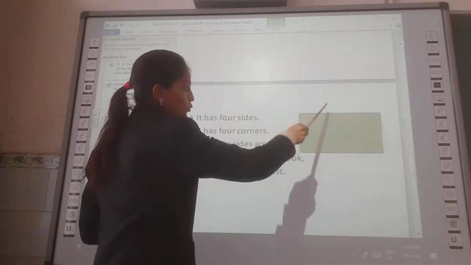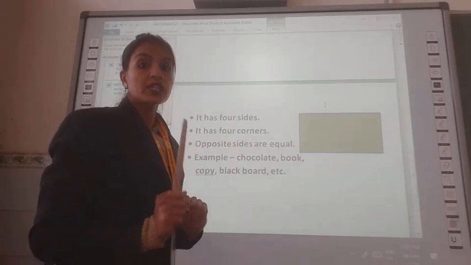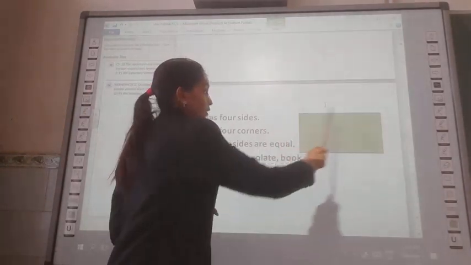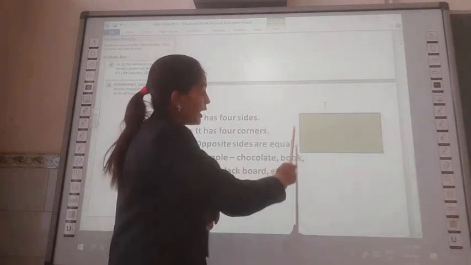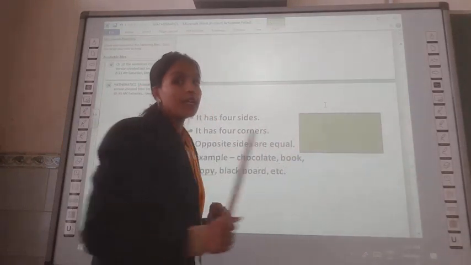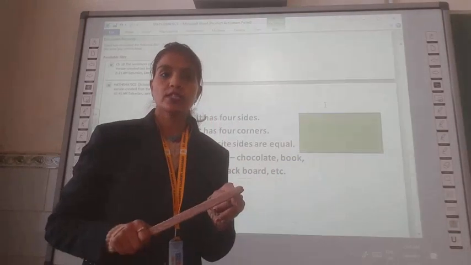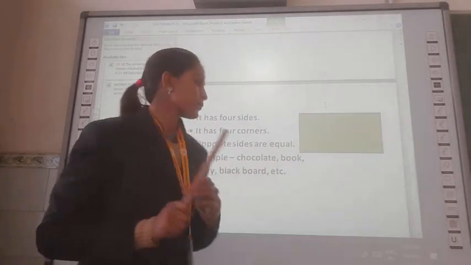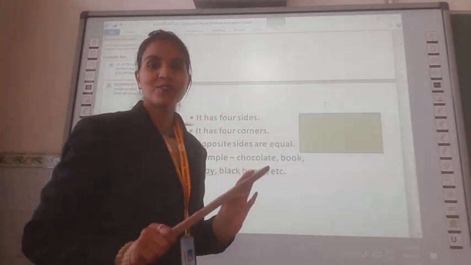So these two will be equal and these two will be equal. If a thing has these two opposite sides equal and these two opposite sides equal, it will be a rectangle. And if a thing has all the 4 sides equal, it will be a square. Then examples are chocolate. We all love to eat chocolate, right?